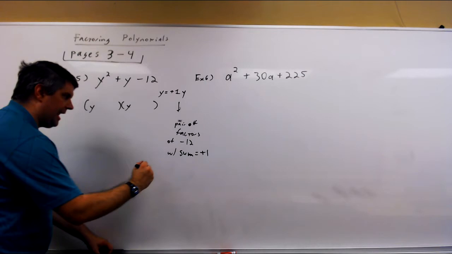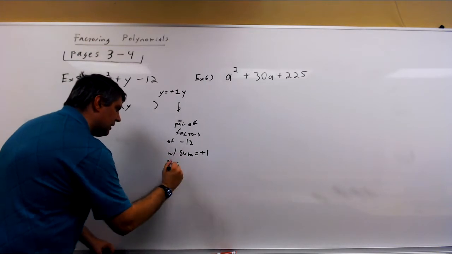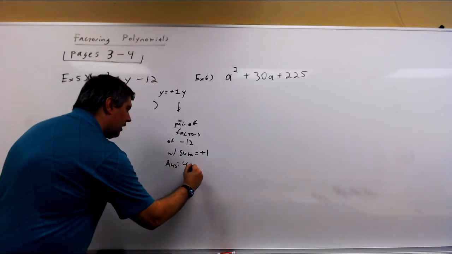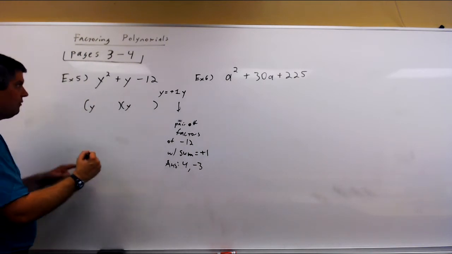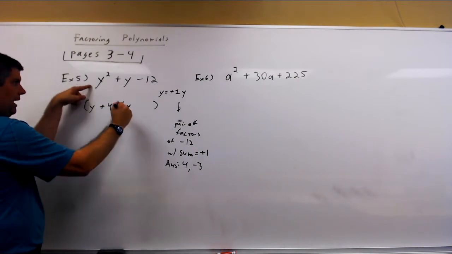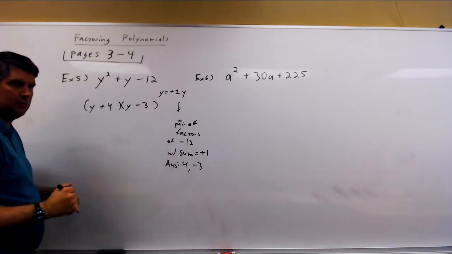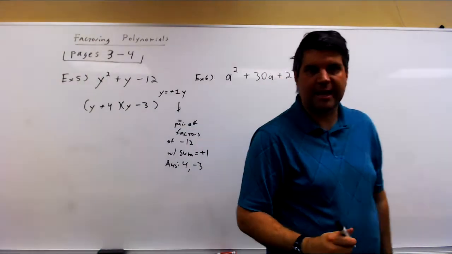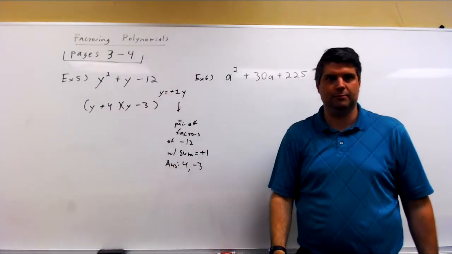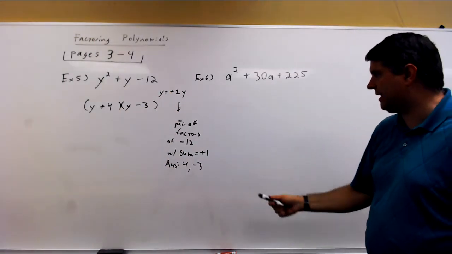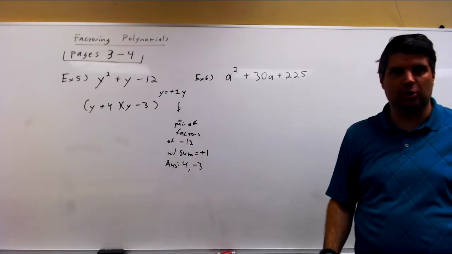The answer is 4 and negative 3. So I would have y plus 4 and y minus 3. Because that's the pair of factors of negative 12 that add up to 1. And you don't need to write this out if you choose not to.